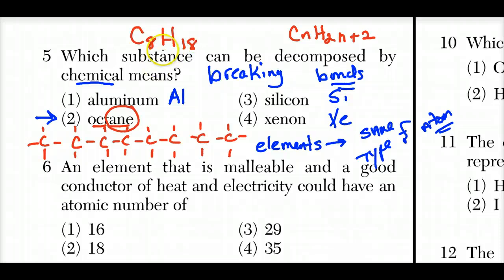Now you don't have to know this for this problem, but that is the chemical formula of octane. And carbon and hydrogen are 2 different elements bonded, unlike choice 1, 3, and 4, which are the same elements hanging out. This can be broken down into 2 different elements, where these are already elements. So choice 2 is the answer.